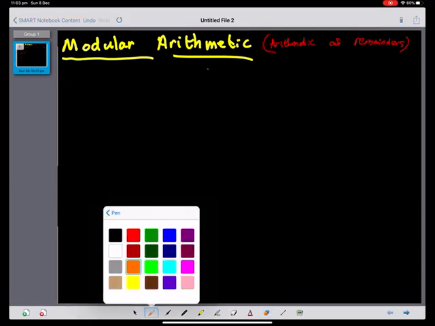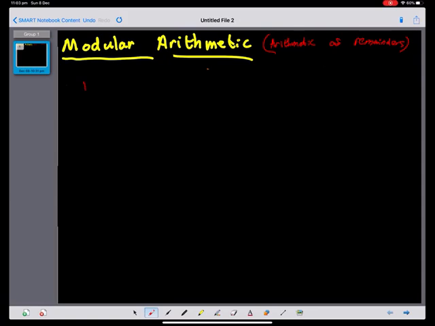And just finish on mod 6. See if you can write down the residues of mod 6. That is to say, the possible values on division by 6, considering the remainders. Okay, so the possible values for remainders are 0, 1, 2, 3, 4, and 5.